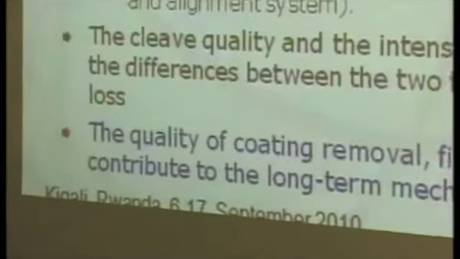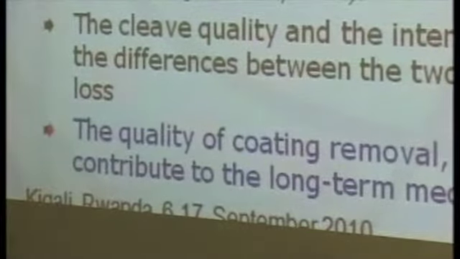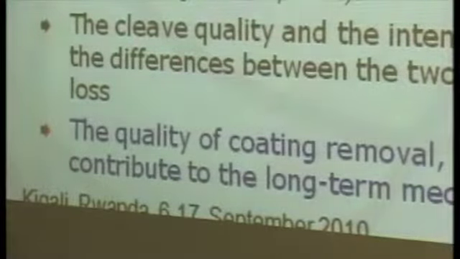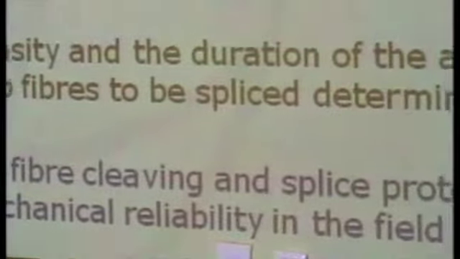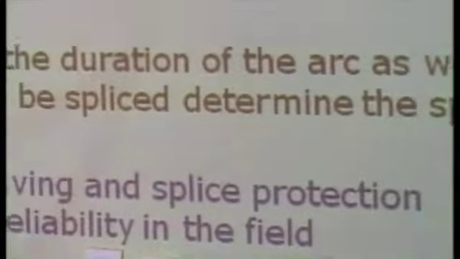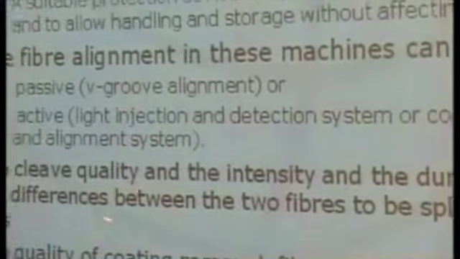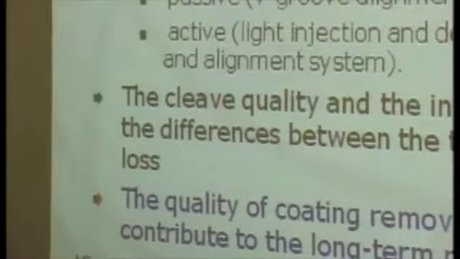In terms of loss, these are the more important things to have in mind. In terms of long-term mechanical reliability, it's necessary to remove the coating with some care, clean the fiber with some care, and also protect the fiber in a good way, because this aspect refers to the quality of the optical interface, and this aspect refers to the quality of the glass surface.